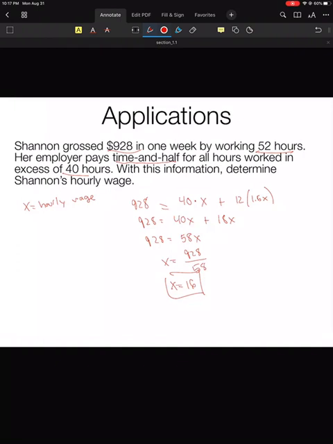Does that make sense? What is that saying? It's saying that Shannon earns $16 per hour in her job. You can go back again and substitute 16 back into the equation to see if it actually works out.